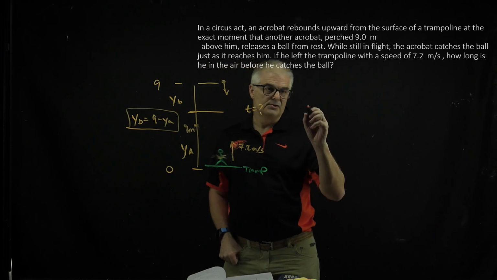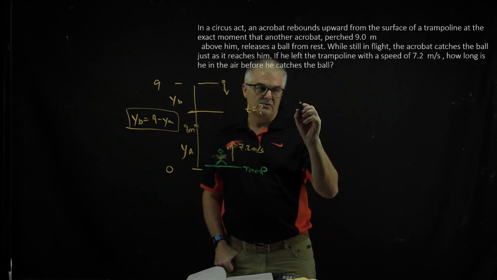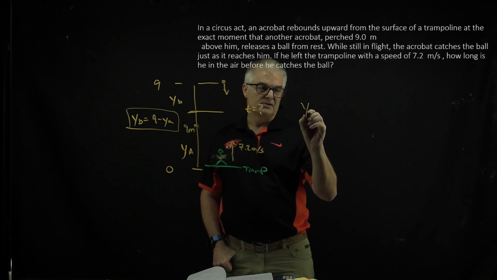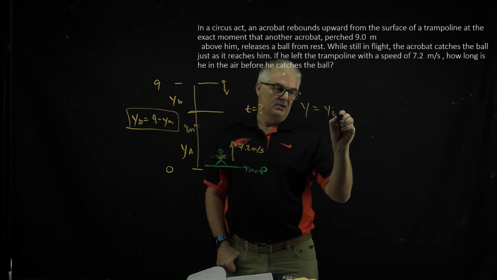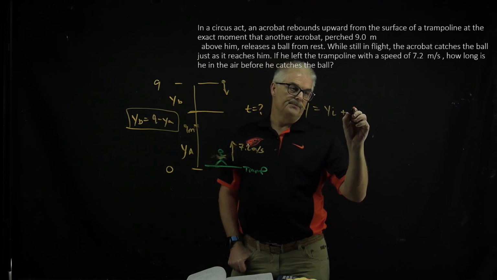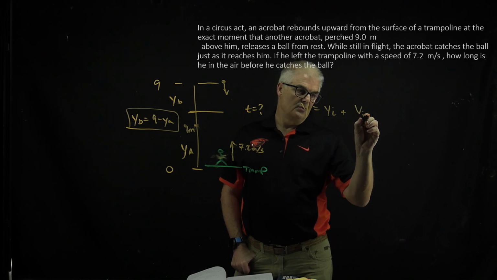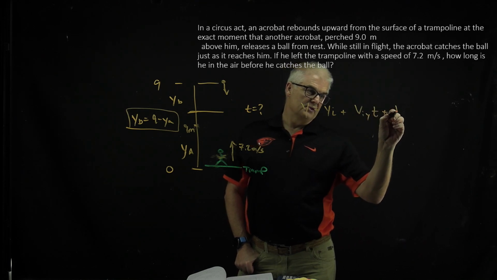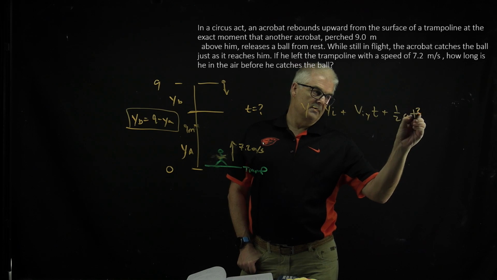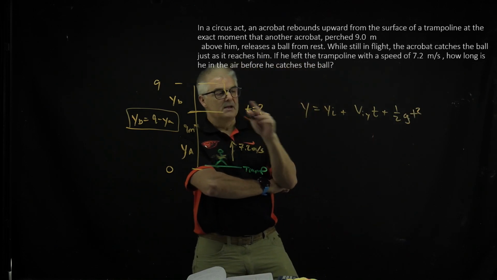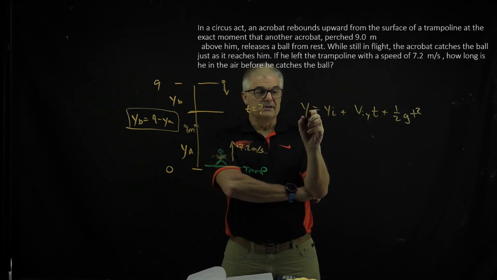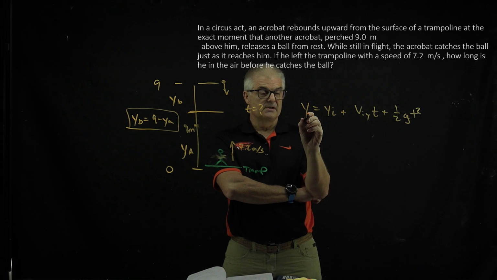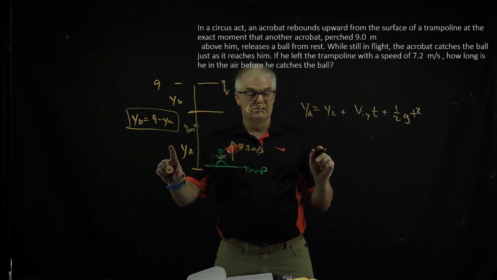And the key equation, the master equation, equation 1, is y equals y initial plus v initial y times t plus 1/2 a t squared, and a, of course, is g. We have to write this equation two times. So let's do YA, just for the acrobat.